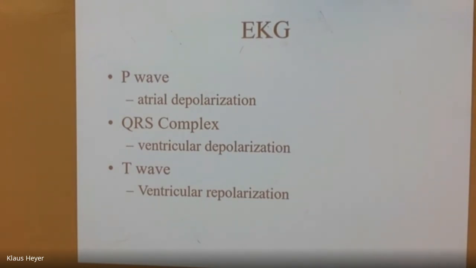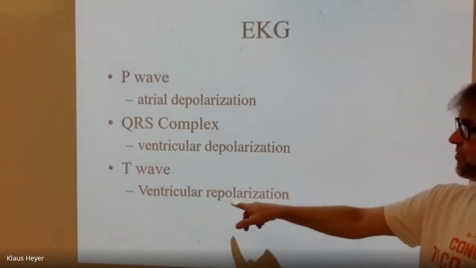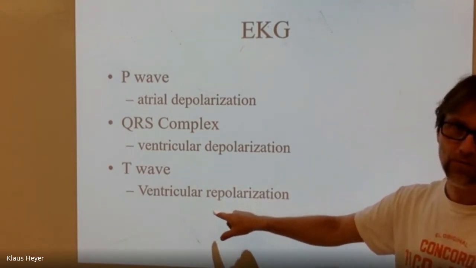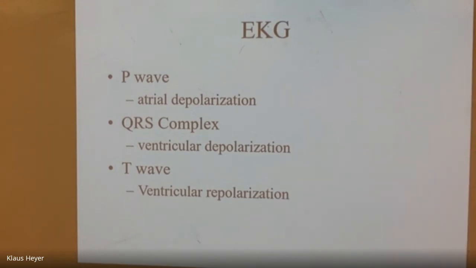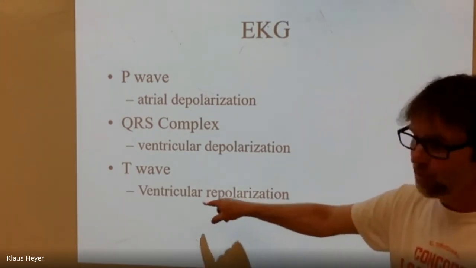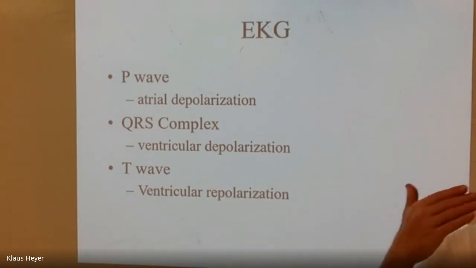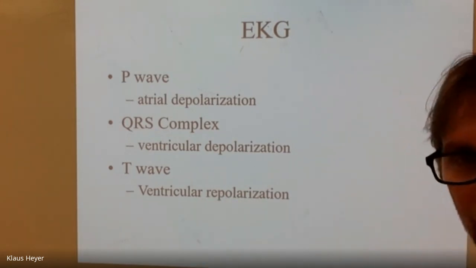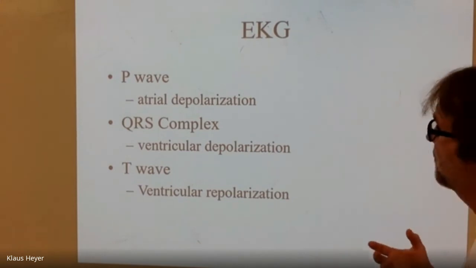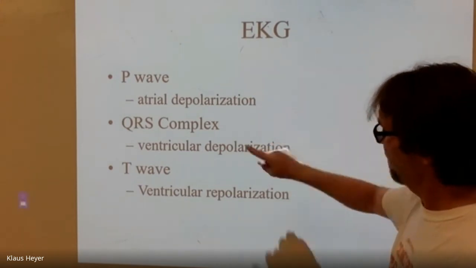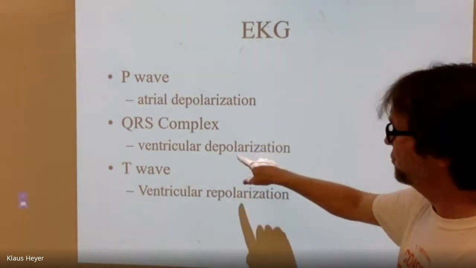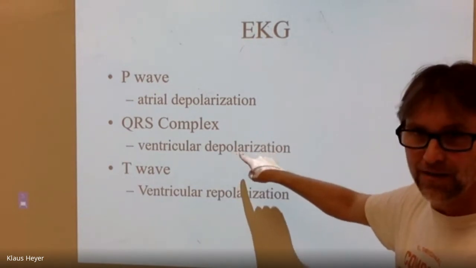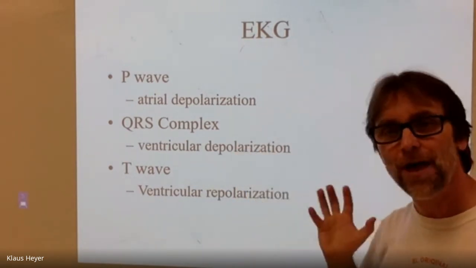And finally, the T wave tells you that the ventricles are going to repolarize, in other words, relax. That also means the atria are still relaxed. So atria contract, ventricles contract, but when the ventricles contract, the atria are automatically relaxed.